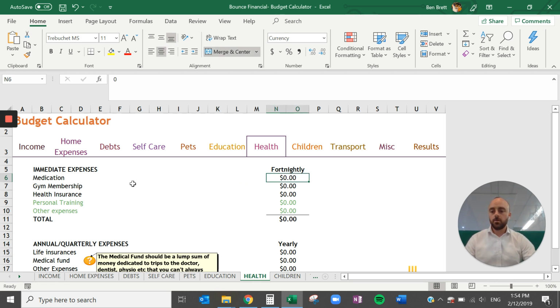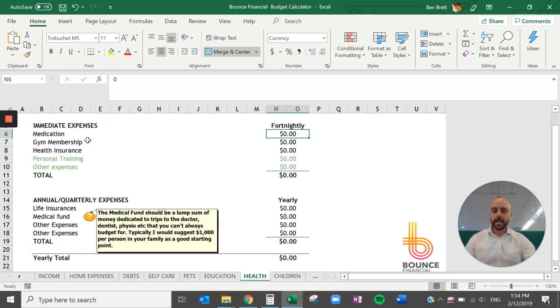Okay, so again, we break this up into fortnightly expenses and yearly expenses. So fortnightly expenses are things like gym membership. Let's assume our couple is spending $40 a week, $200 a month each.